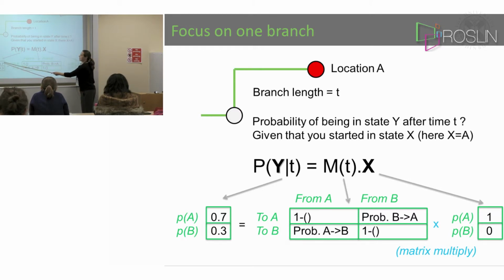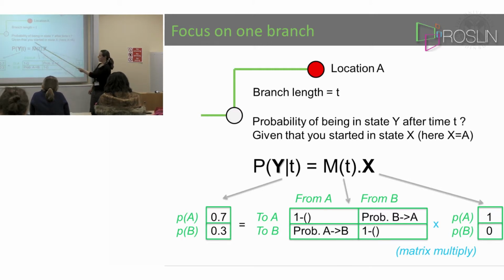In the practical you will be able to see these values. In fact, you can see I've only done half of the problem, the other half coming this way, and you add those together to give the final probability.